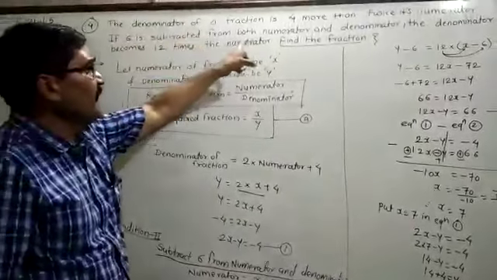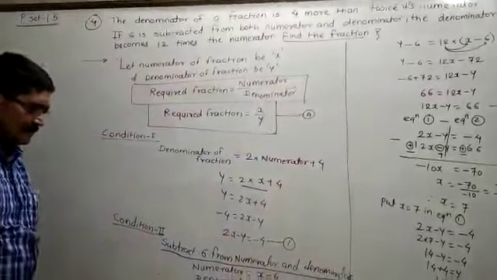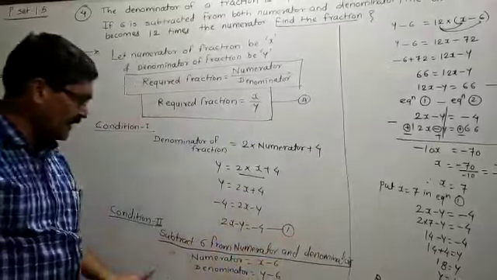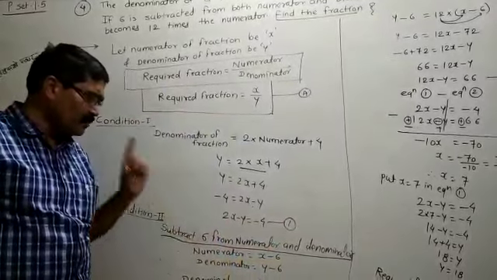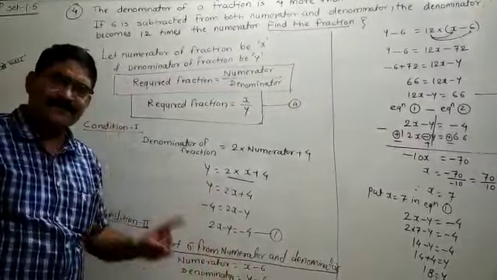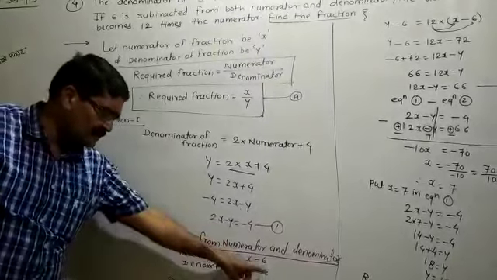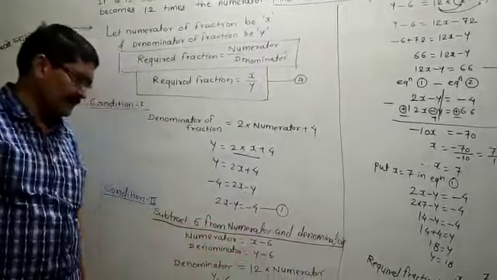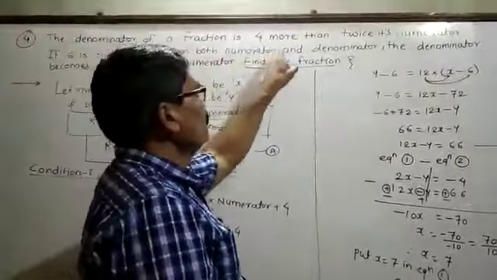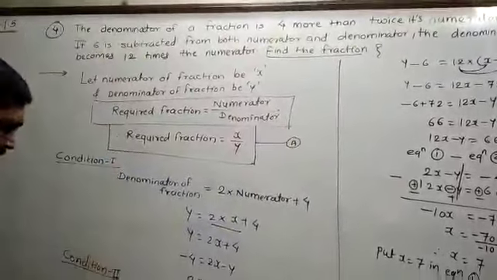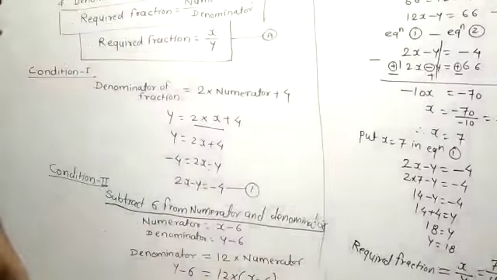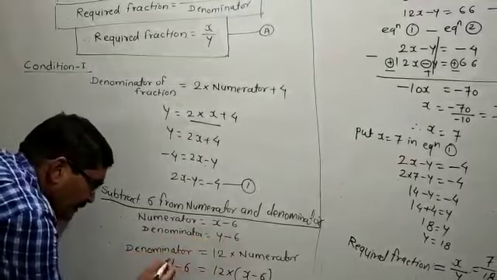Once our first condition is finished, you have to start with the second condition. If 6 is subtracted from both the numerator and the denominator. This is the half condition. So I wrote subtract 6 from both the numerator and denominator. When we subtract 6 from both, the numerator is x minus 6 and the denominator is y minus 6.